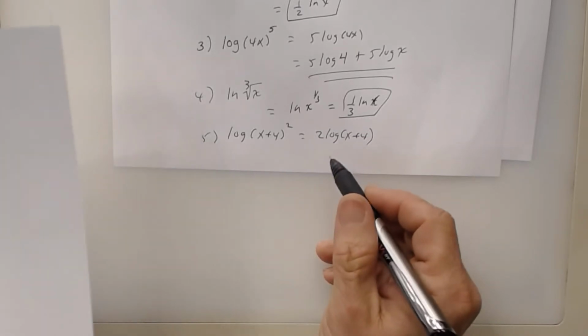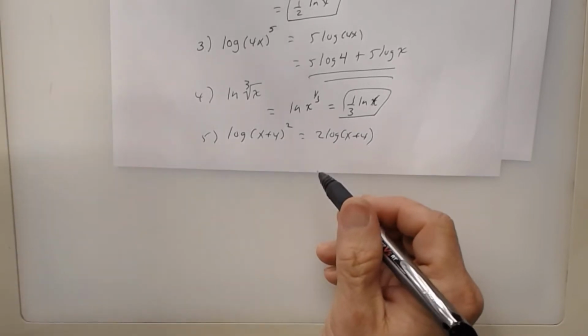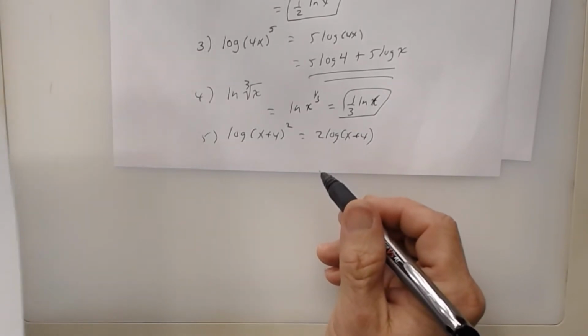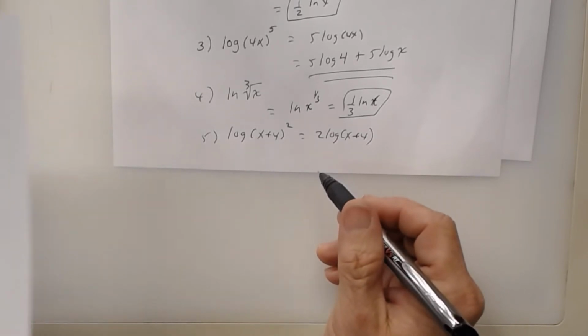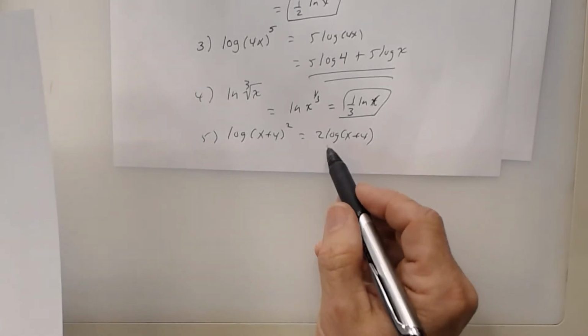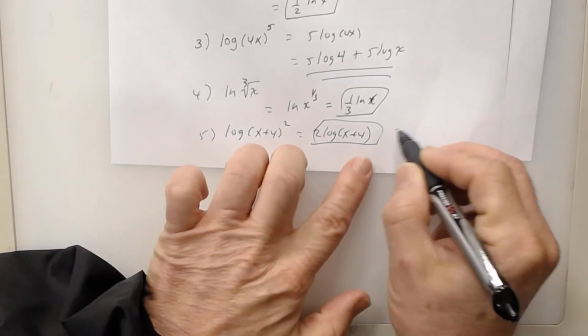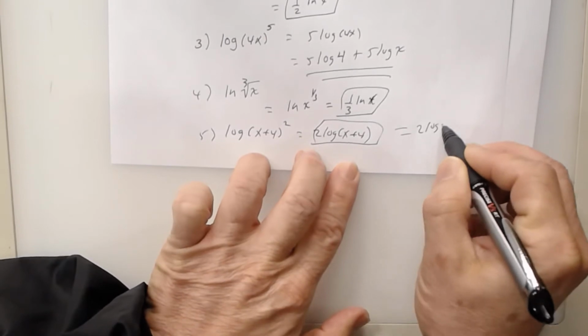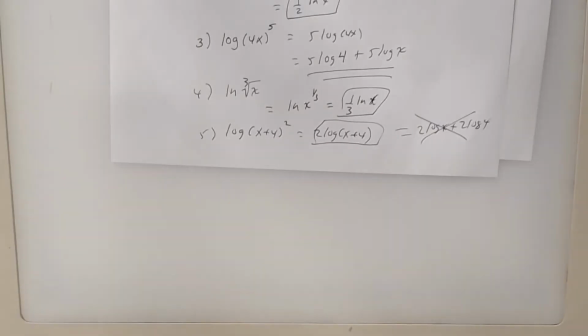Taking the log of something is a function, just like f of 2, f of 3. Remember that the 'of' does not mean to multiply. So don't make the mistake of saying 2 log x plus 2 log 4. That is not correct. Log is not a number, so don't do that distributive property.